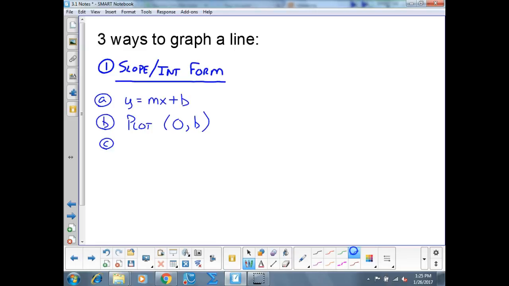M is the slope, right? So then we use the slope, which is rise over run, to find more points, right?